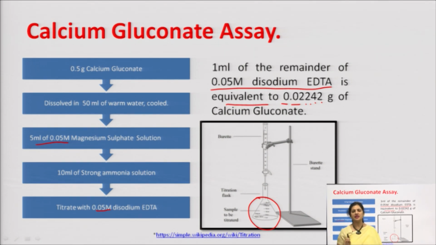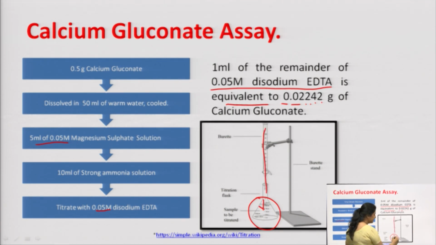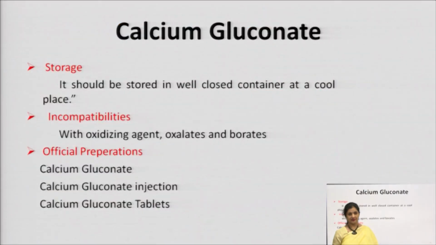This factor is very important for the calculation to determine the presence of calcium gluconate. Whatever EDTA is present here is going to react with the calcium gluconate present in the flask, and whatever is unreacted is used as a factor.